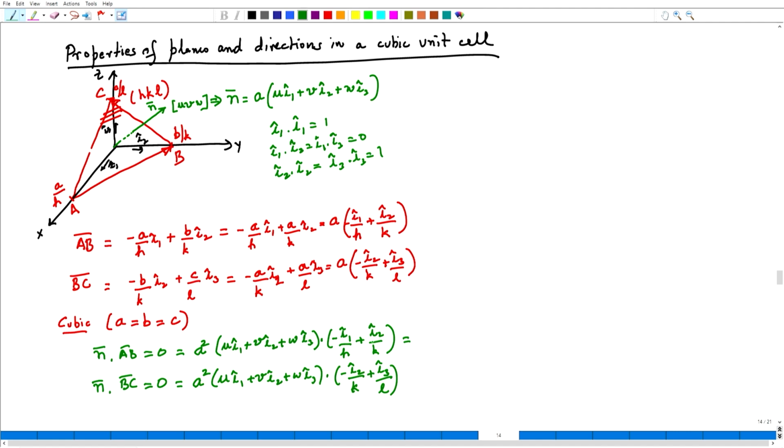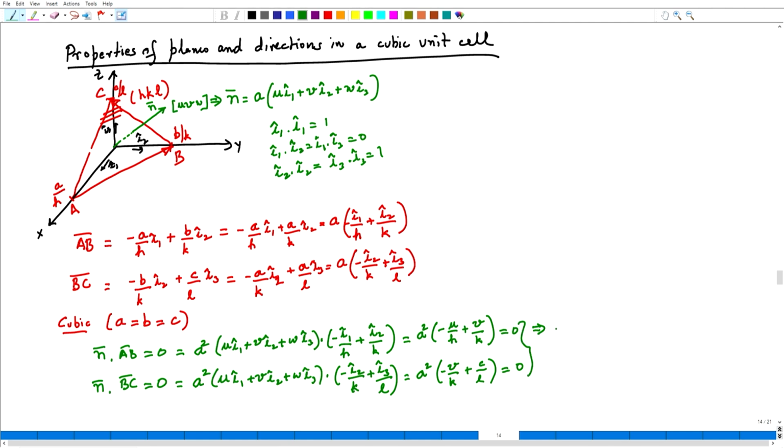So, from the first relation, we will have two terms, A square times minus U by H plus V by K. And for the second relation, I will have A square, I will get minus V by K plus W by L. And since both the quantities have to be 0, we club both of them together.